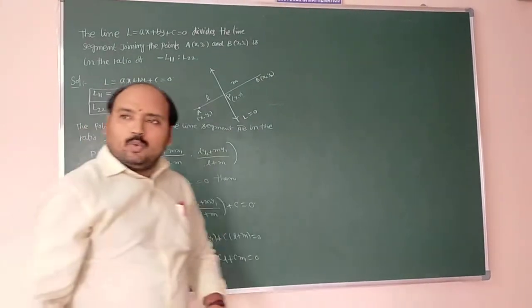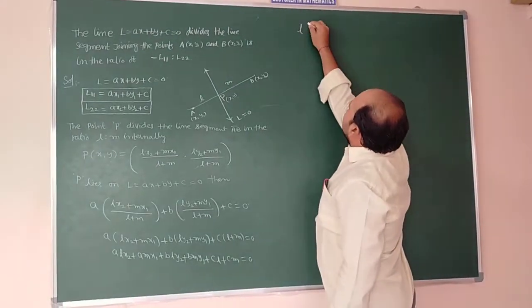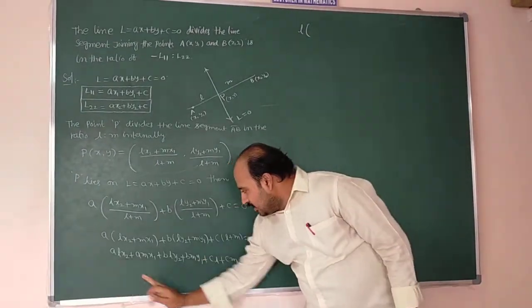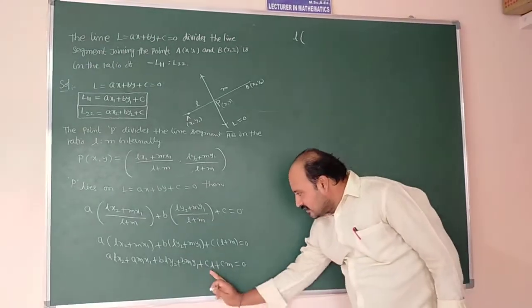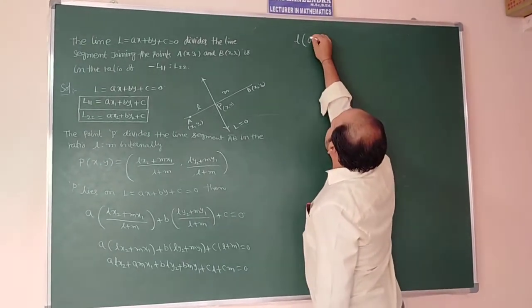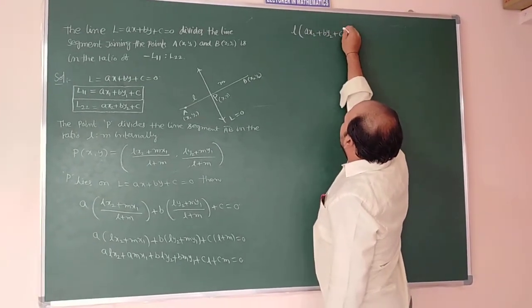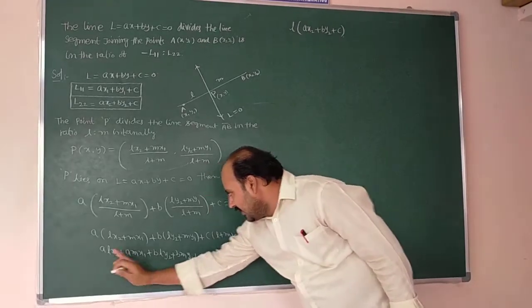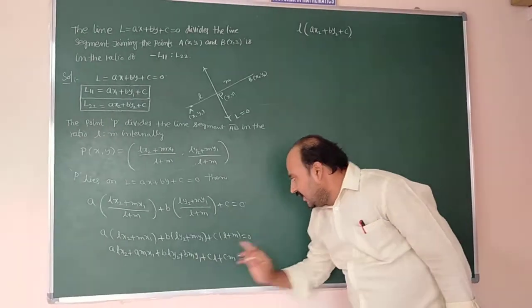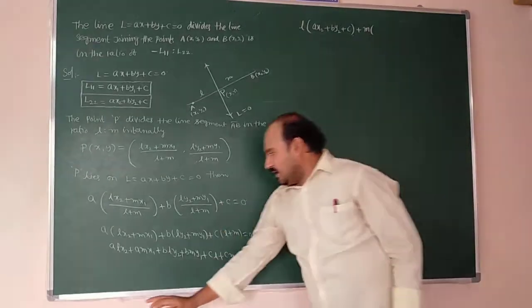After that what we have to do? The terms containing L one side. So L into, here L term is there, here also L term is there, here also L term is there. So what we have to do? Ax2 plus by2 plus c. Here L, here L, here L. Plus the term containing m also we will take separate.